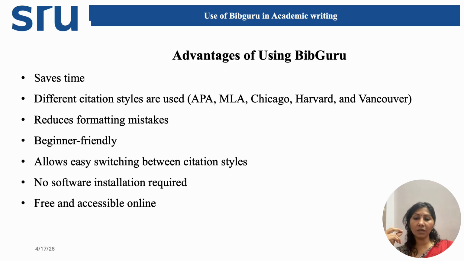In one minute or less, you can switch from one style to another. For example, if you are submitting to an IEEE conference and it gets rejected, and you want to submit to some other conference, you can just open it and change the citation style.